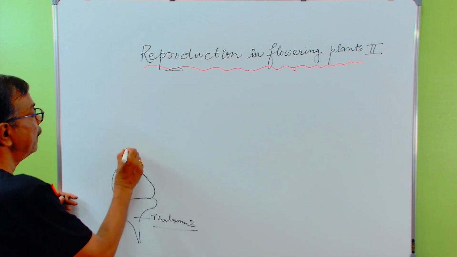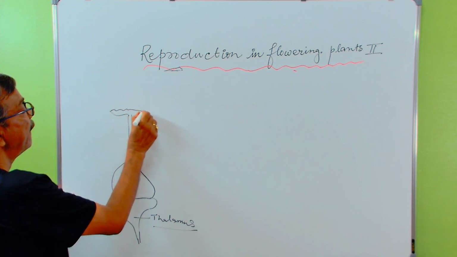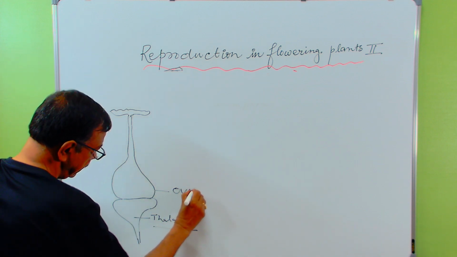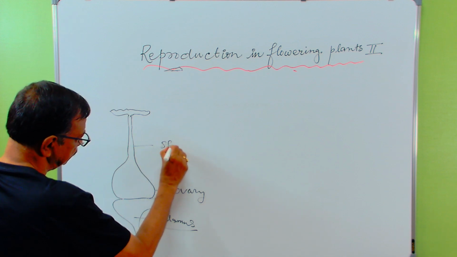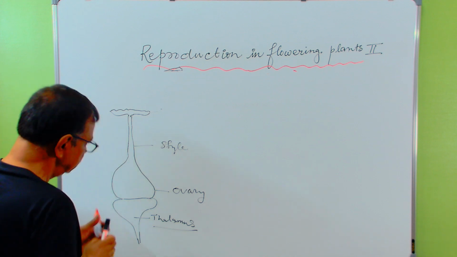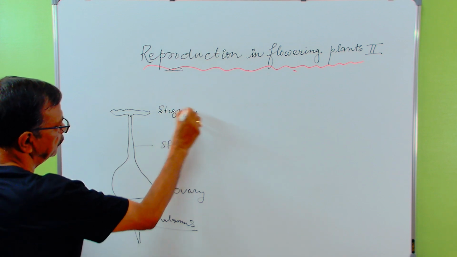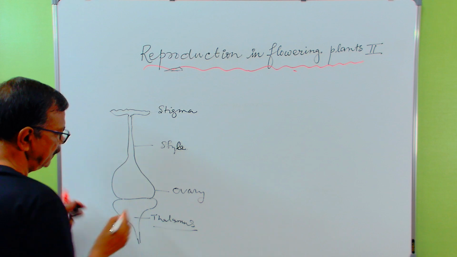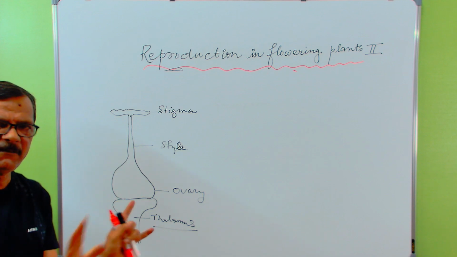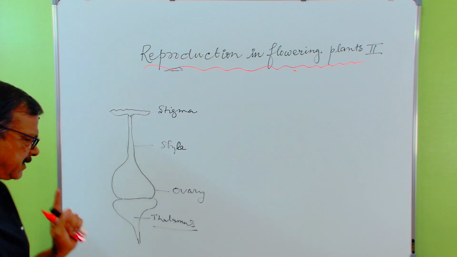Ovary, style and stigma. This is ovary, style and stigma. This is the female flower. We will not go into how it is produced, that we have already discussed.